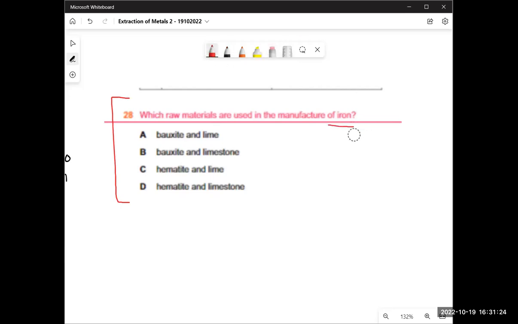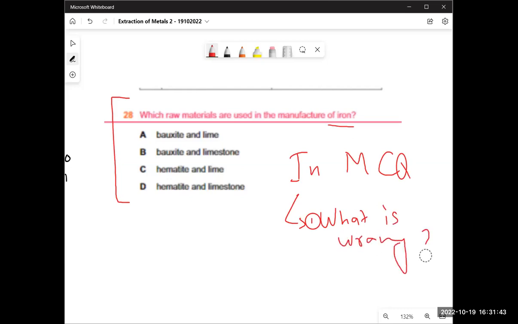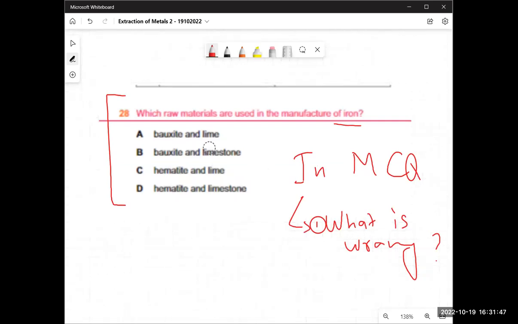First, tell me which option is wrong. In an MCQ, we have to first see which is wrong. So step one, what is wrong? What is the ore of iron? Hematite.